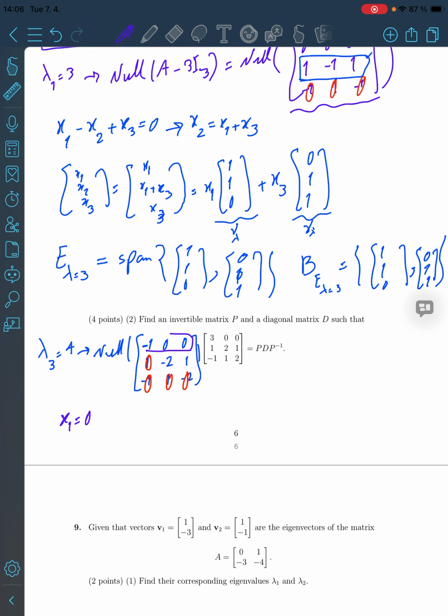If I encode this row, I have negative 2x2 plus x3 is equal to 0, and therefore this gives me x3 is equal to 2x2. Therefore here what I have is x1, x2, x3. Let's compute the answer. It's going to be x1 is 0, x2 is x2, and x3 is 2x2.